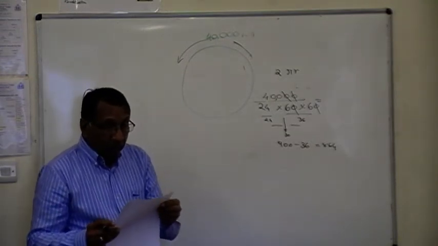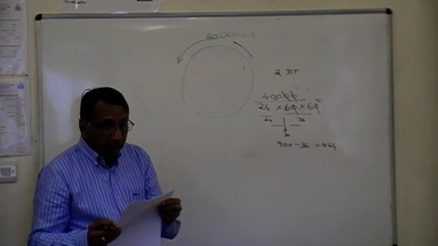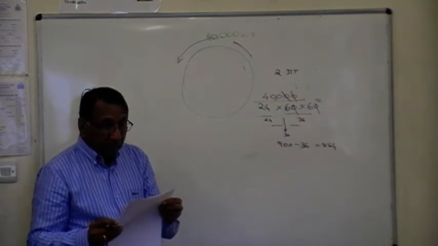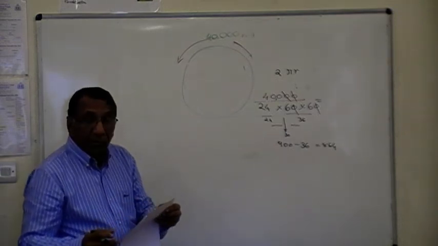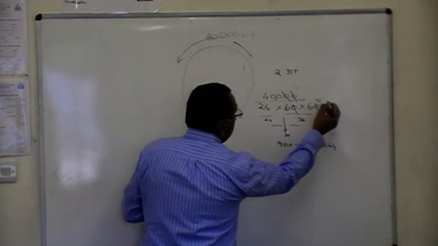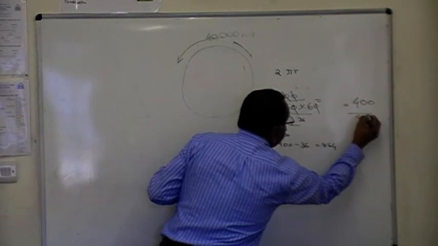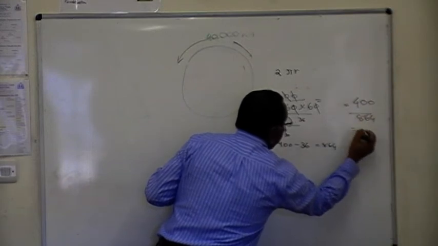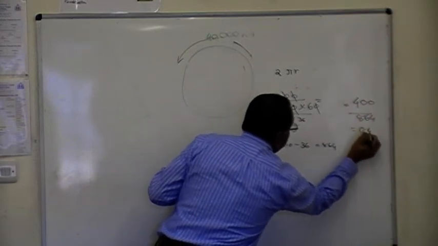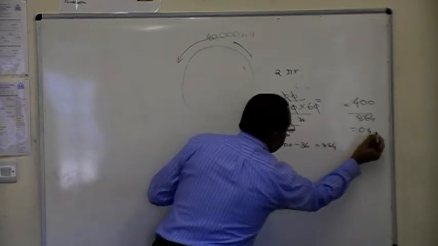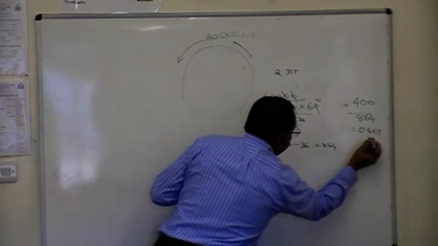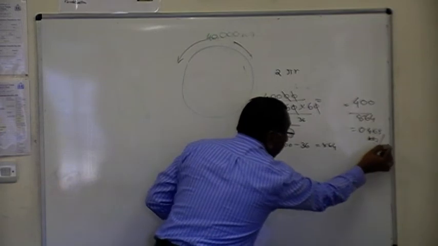If you divide the 4 into 24. 400 divided by 864. Yes, this is good, the right one. So equal 400 divided by 864. It comes about 0.463 kilometers per second.